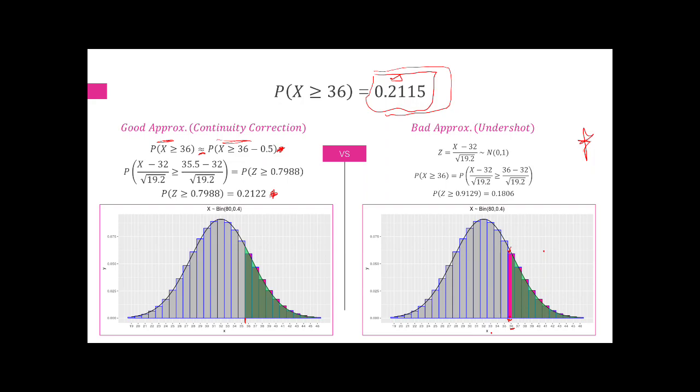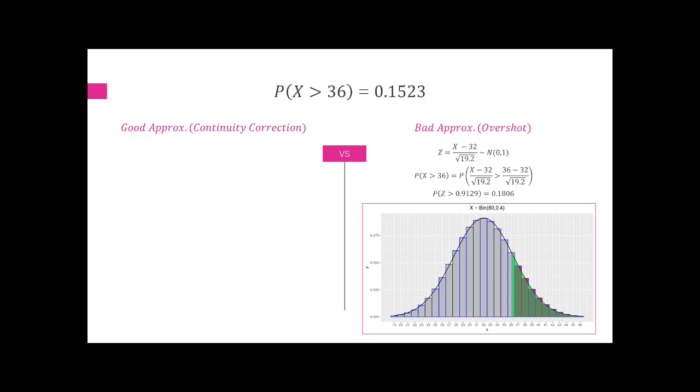I just want to quickly remind you that when you have the equality part, the equal to sign in your inequality, then you're going to be constantly undershooting your probability with your normal approximation. And when you have just the greater than or just the less than, you're going to be overshooting.